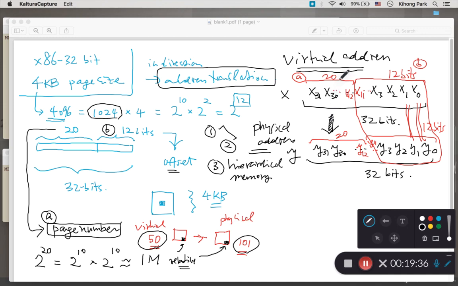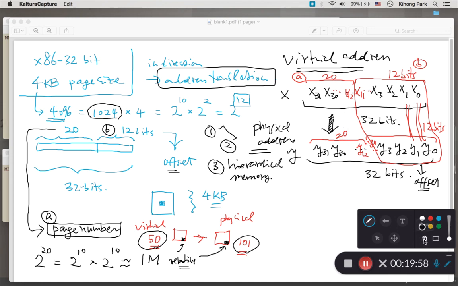And that means here the last 20 bits need to change, but the first 12 bits don't change. They just remain the same because they denote the offset within a page. And the offset, of course, does not need to change. So keep that here in mind.